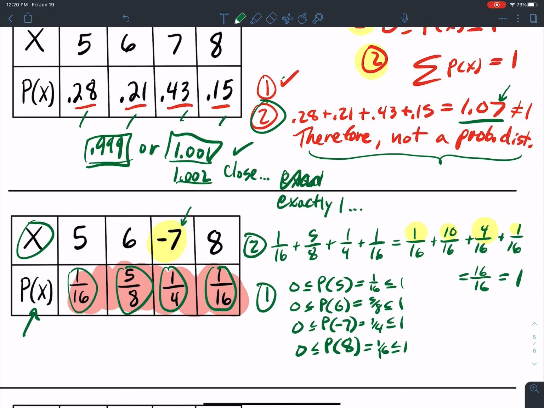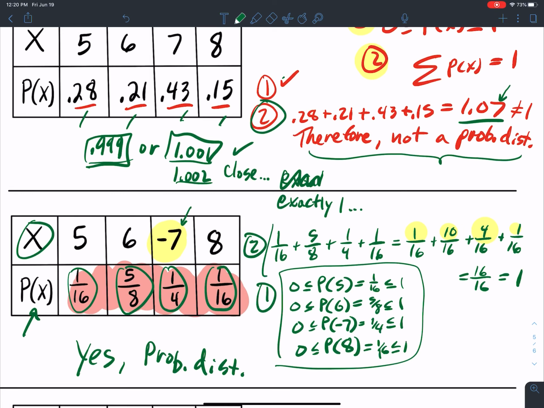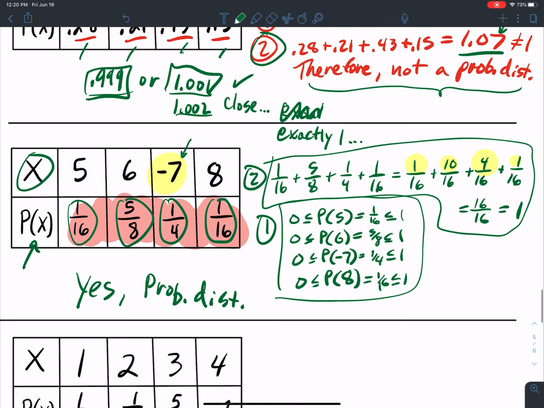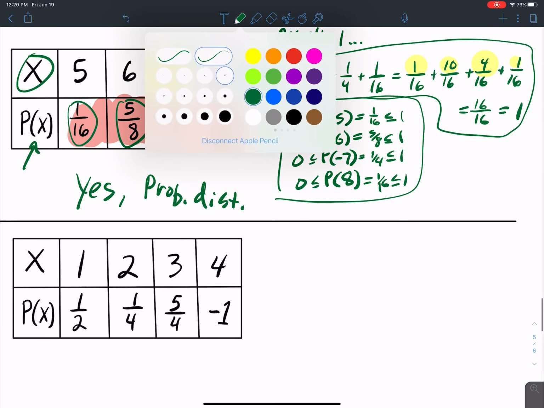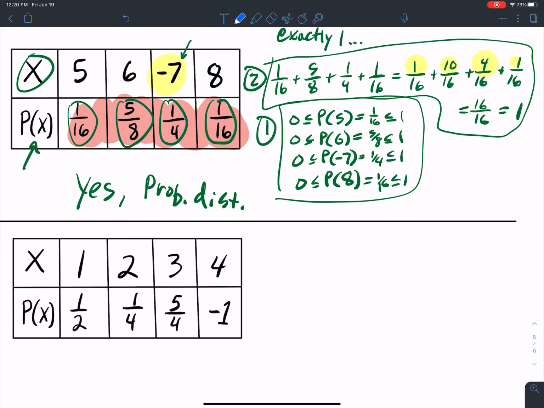So now we've satisfied it: yes, probability distribution. Okay, why? Because we showed this here, and we showed this adds up to 1 there. Okay? This last one here, I look at this. Are all the probabilities between 0 and 1? Looks like P of 4, when I plug in P of 4, I get -1.